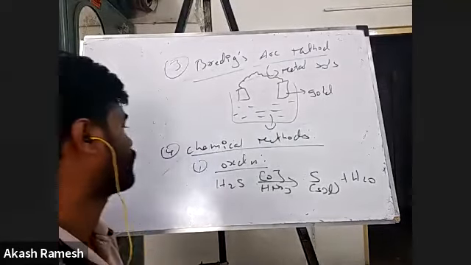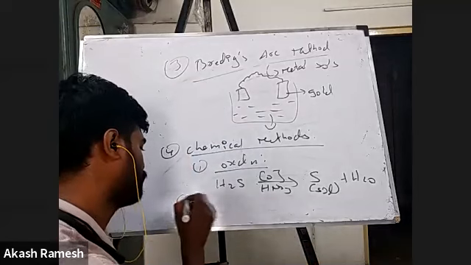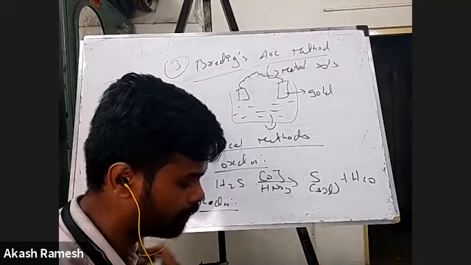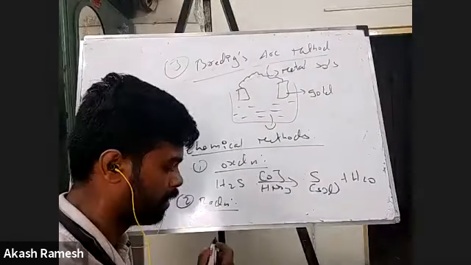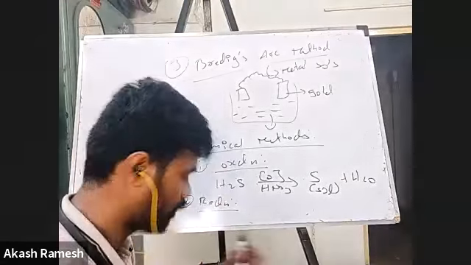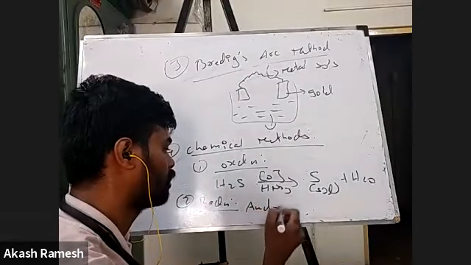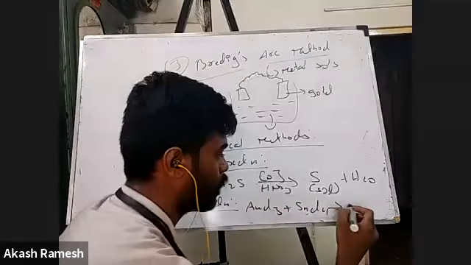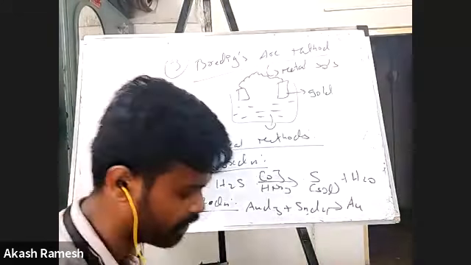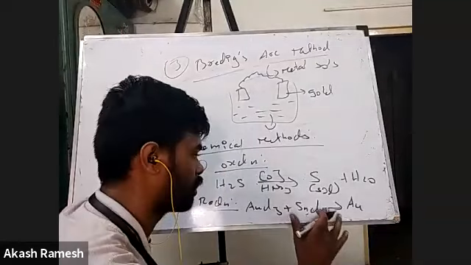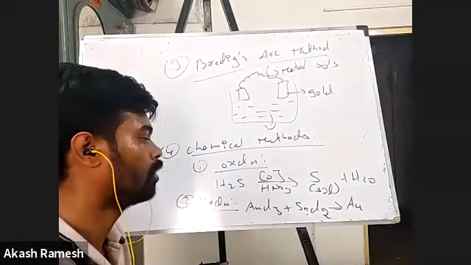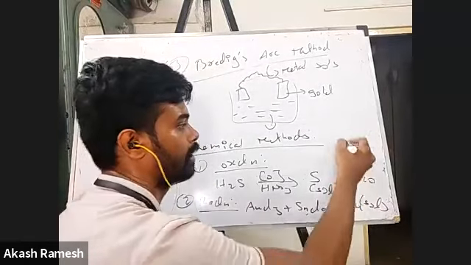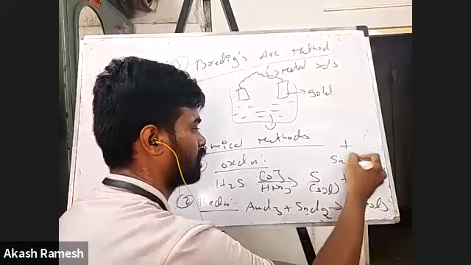And moving on, some can be reduction. I'll write it here only. A reduction example can be AuCl3 plus SnCl2 gives Au, which is my gold sol, plus you will be getting SnCl4.